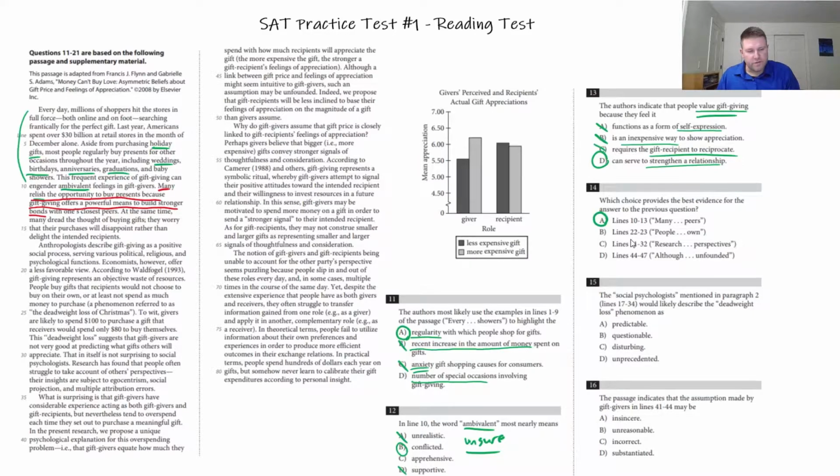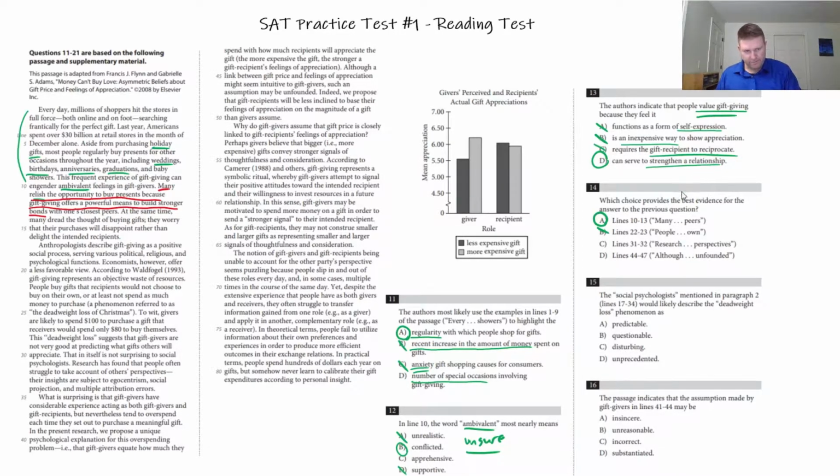So if we look at lines 22 to 23, that would be over here: "People buy gifts that recipients would not choose to buy on their own." Is that why people value gift giving, because it serves to strengthen a relationship? No. And then if you look at 31 to 32: "Research has found that people often struggle to take account of others' perspectives."